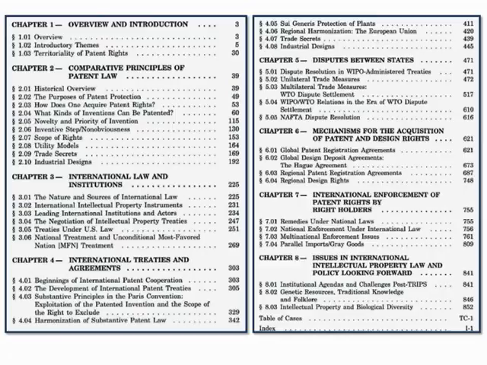For example, Chapter 1, Overview and Introduction, Chapter 2, Comparative Principles of Patent Law, International Law and Institutions, International Treaties and Agreements in the Patent Area, Disputes between States, Mechanism for the Acquisition of Patent and Design Rights, International Enforcement of Rights, and Issues in International IP and Policy Looking Forward.